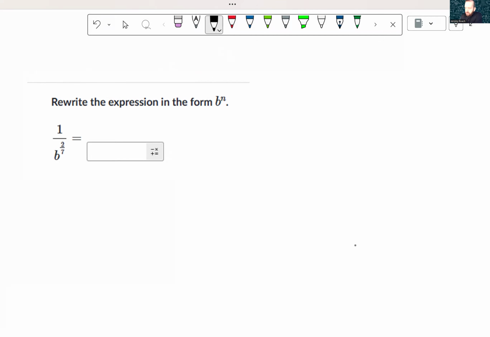So we're going to do over the line, change the sign. So now we're actually bringing all that b to the 2/7 to the top. So this is going to be b to the -2/7. And because we brought all that to the top, that's all just over 1. And that just equals b to the -2/7.